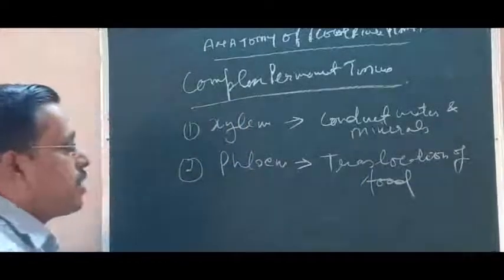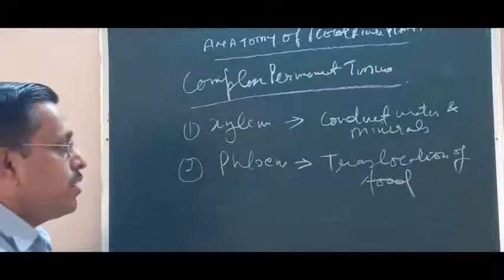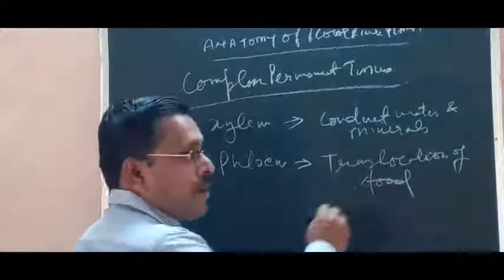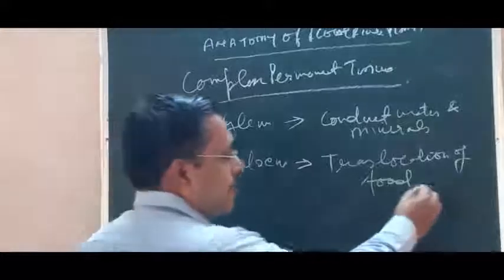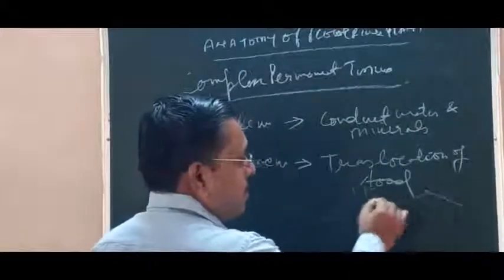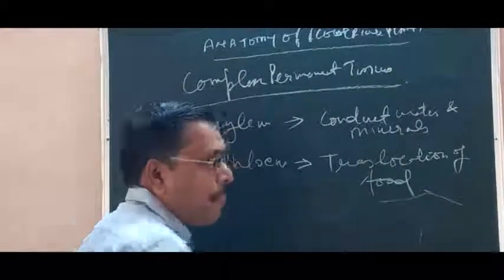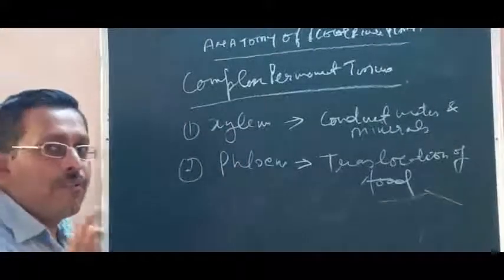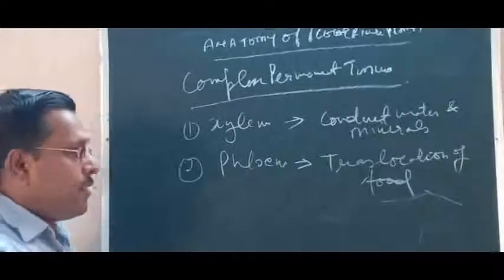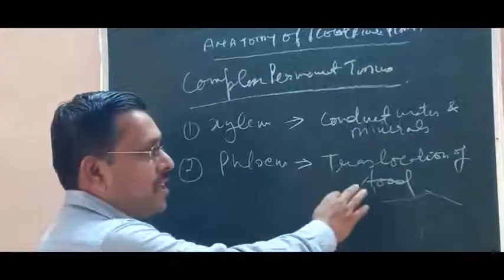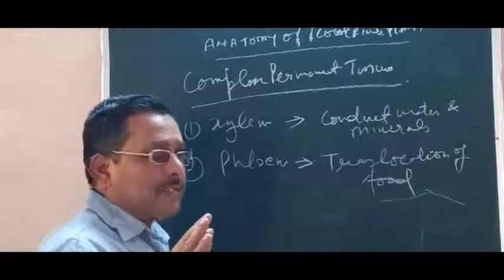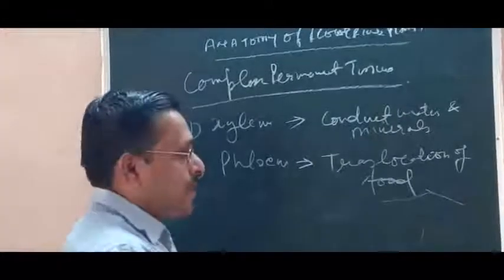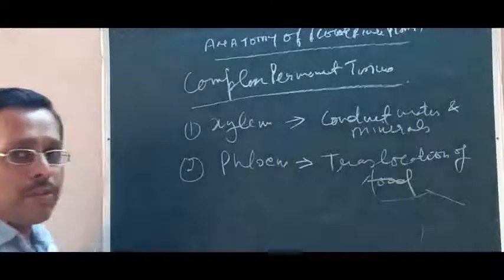Phloem translocates food, the photosynthesis product, from the upper body parts of the plant to the different parts where the food is needed. When the food is not needed, it is stored in different organs of the plant in the form of fruits and also in other body parts of the plant.